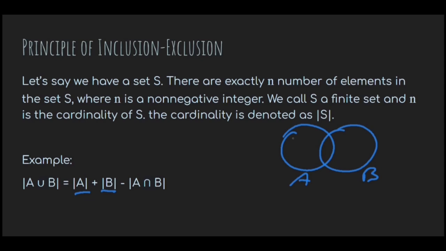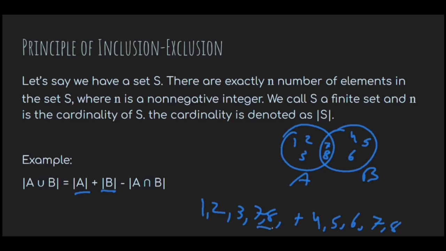What they want you to do here is think of it practically a little more. Let's say A has the numbers 1, 2, 3. B has the numbers 4, 5, 6. And what they have in common is 7 and 8. So imagine if I said, give me A union B. What you would do is first say A contains 1, 2, 3, 7, and 8, plus 4, 5, 6, 7, and 8.